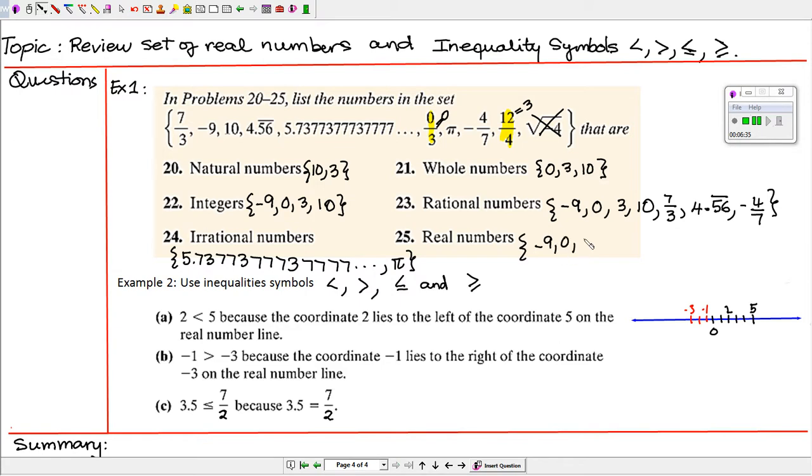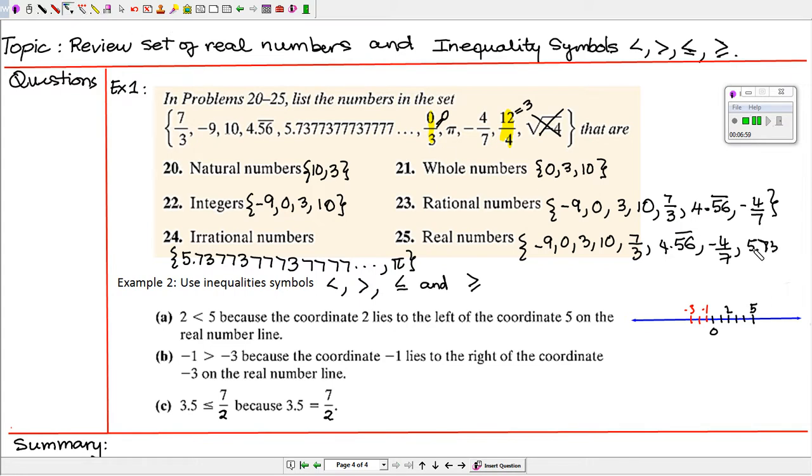So negative 9, 0, 3, 10, 7 over 3, 4.56 repeating, negative 4 over 7, and 5.773.